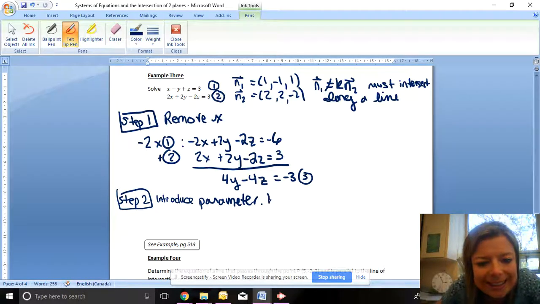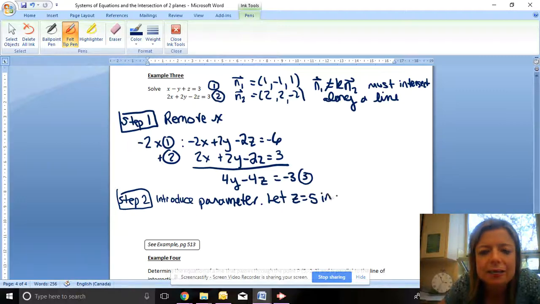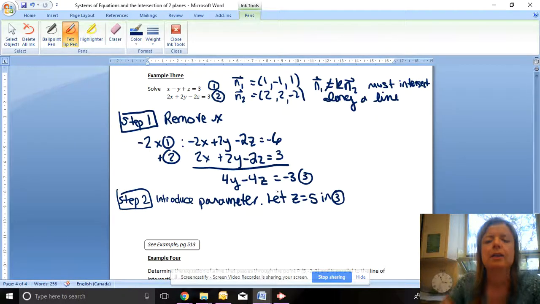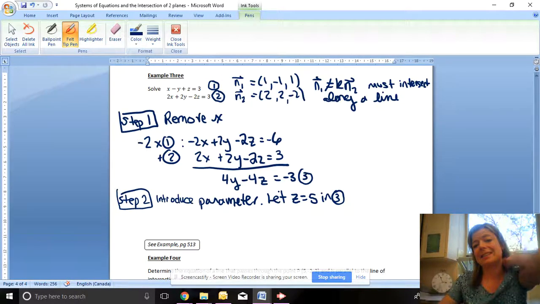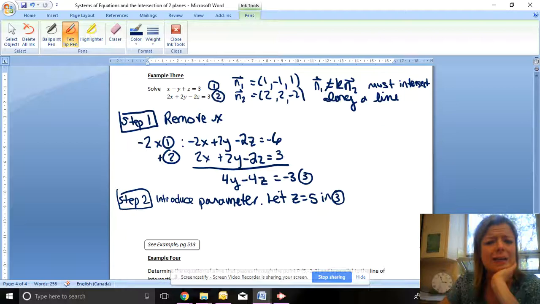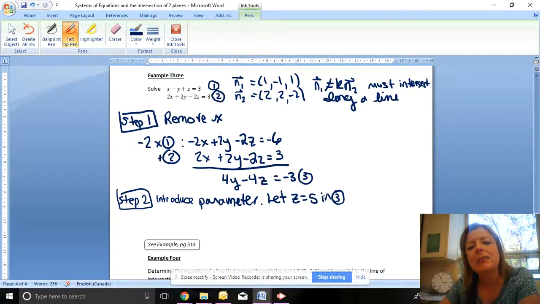So we're going to let z be equal to s in equation 3. All right, I get that this seems odd, but how can you do that? Basically, we are creating a point by letting z equal s. That is what z is going to equal in the parametric equation.